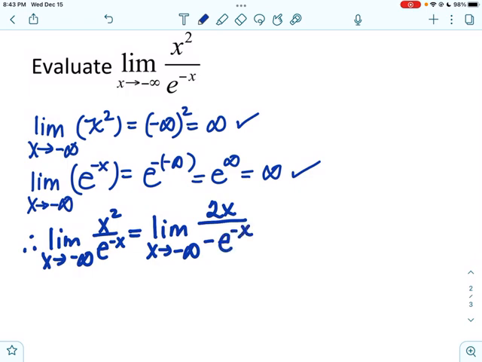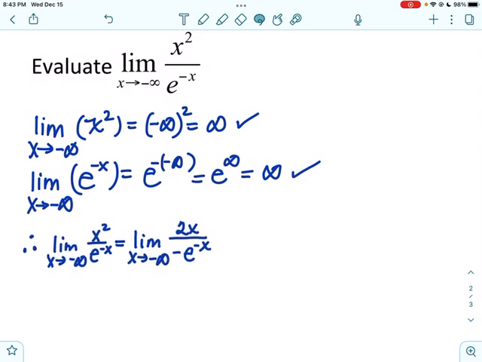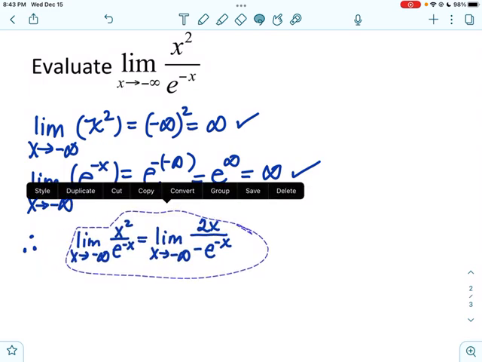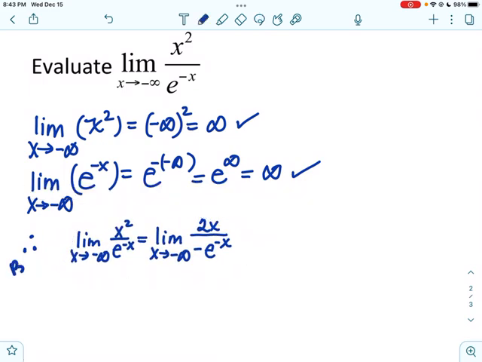And that's by L'Hopital's rule. Okay, so I didn't state that in there, so maybe we'll say it here. We'll just say L'Hopital.